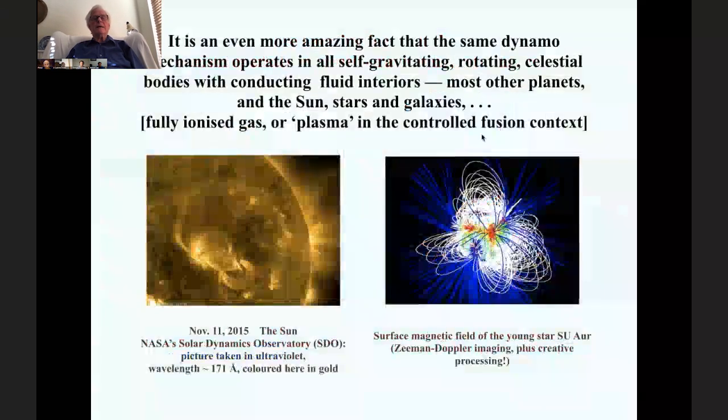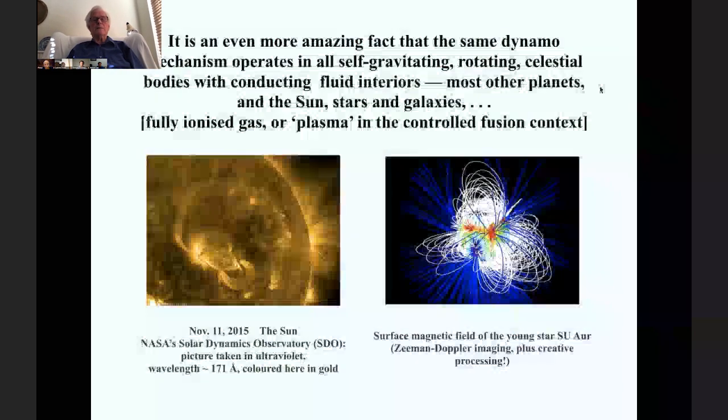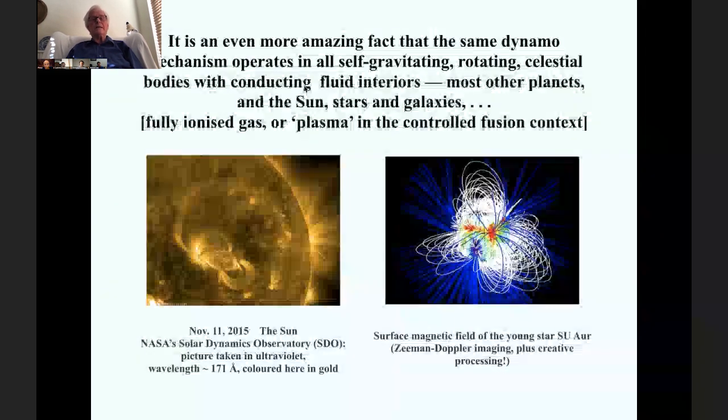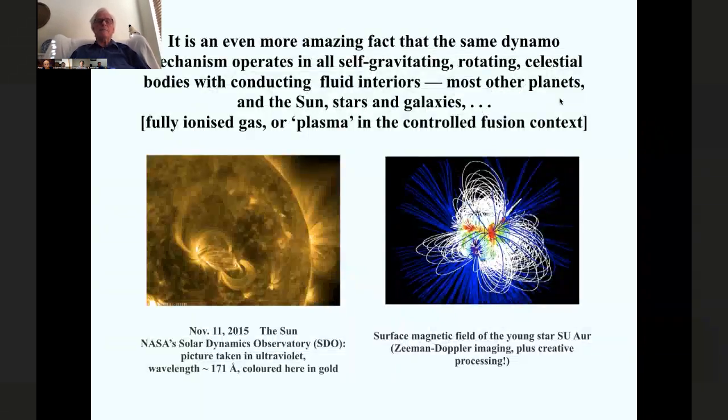It's even more amazing that the same dynamo mechanism operates in all self-gravitating, rotating celestial bodies with conducting fluid interiors. In other words, most other planets, the Sun, stars, and galaxies. The stars and galaxies being regarded as fully ionized gas or plasma, the plasma term more familiar in the controlled fusion context.